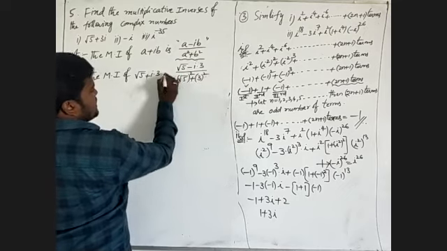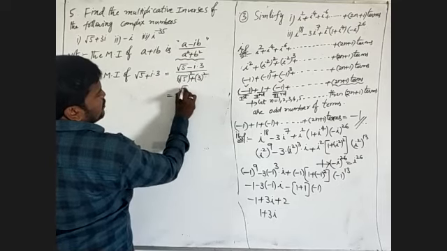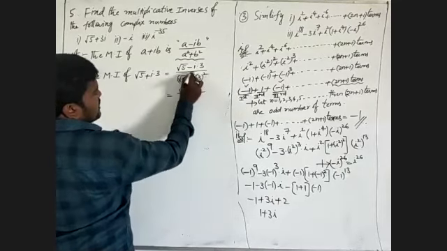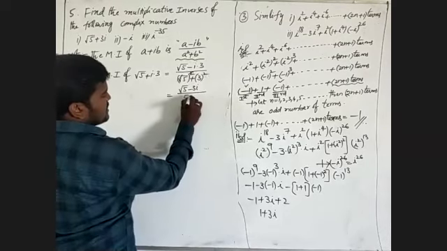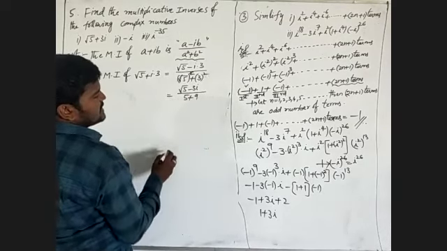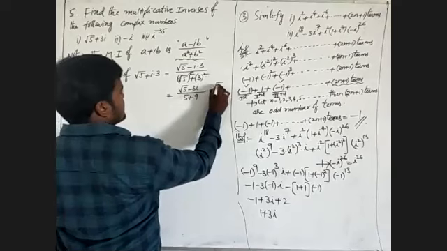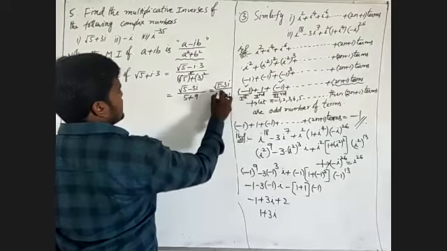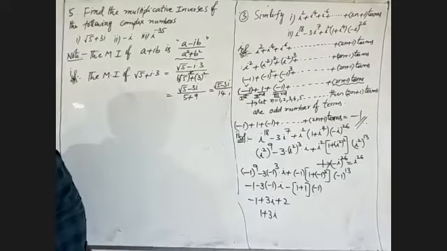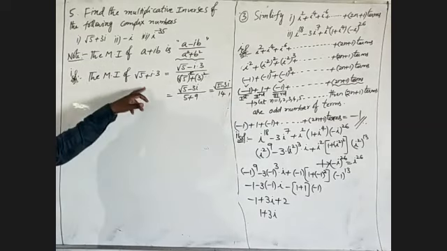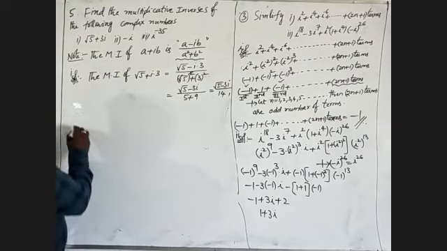That means root 5 minus 3i by, the square and root will be cancelled. Remaining is 5 plus 9, 5 plus 9 is 14. That will be written as root 5 minus 3i by 14. This is the multiplicative inverse of root 5 plus 3i.